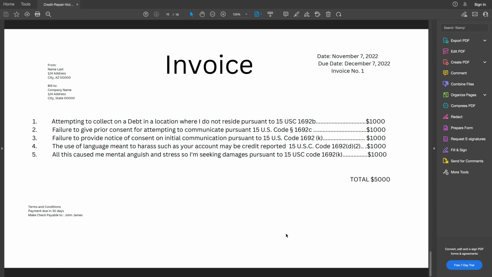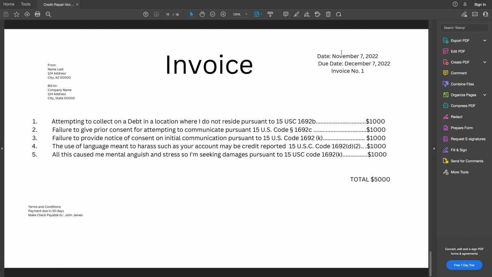And because of that, for each violation, I'm seeking damages. So this is your invoice that you can send them with your marked up letter, and then you can just do a short letter if you want. But if you do the other things, then you might have a better chance. But you can also just do this and it might work too. It's really up to you how much you want to do. So you can send them this invoice and see what happens there.